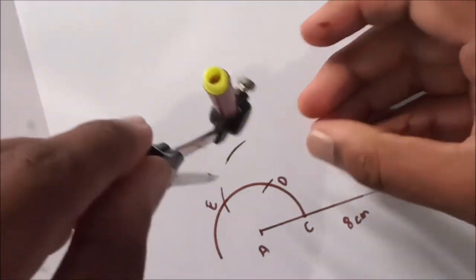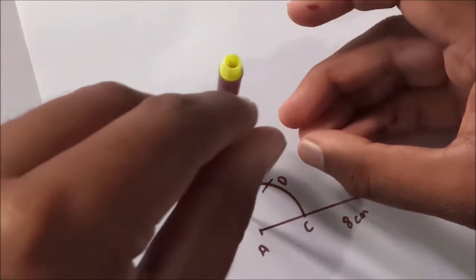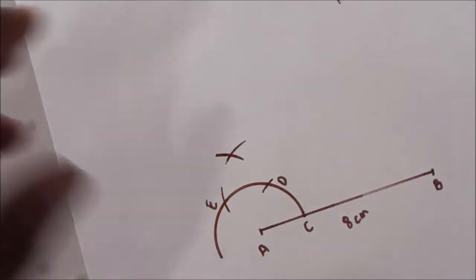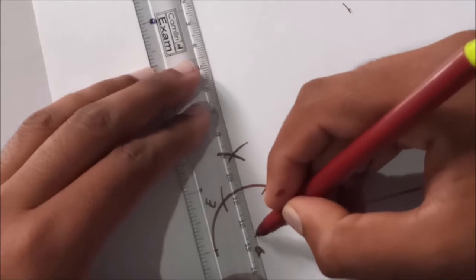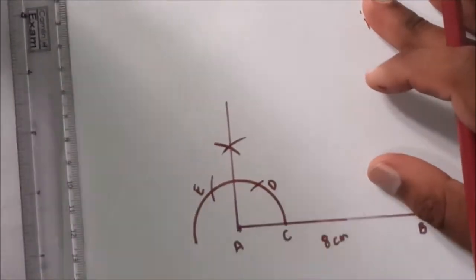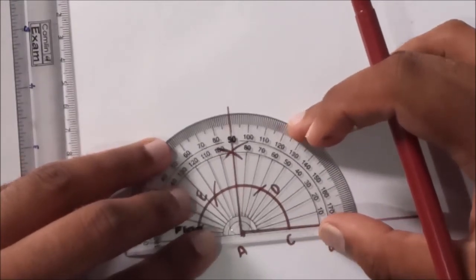From E, this point, make one arc. It will be bisecting each other. Join A and E. Okay, now this point is the 90 degrees.